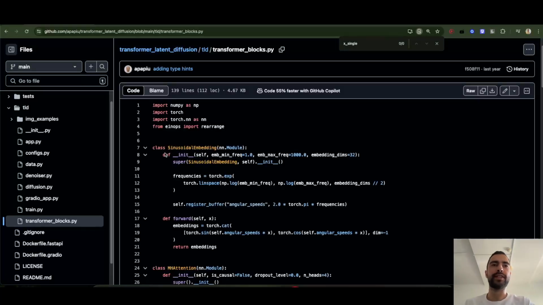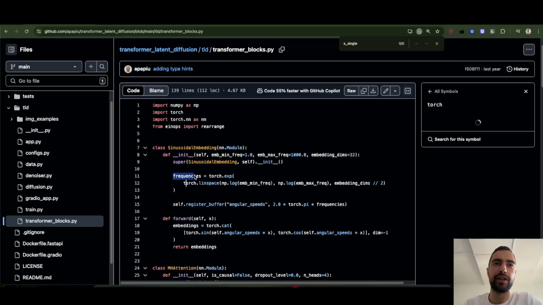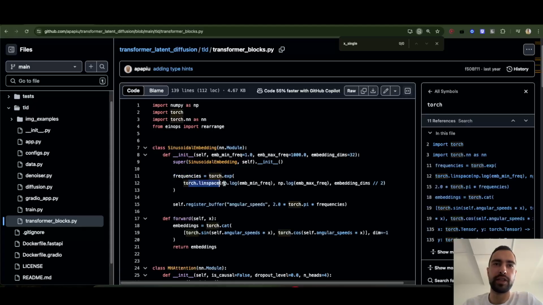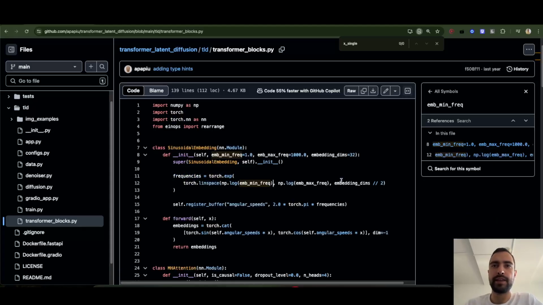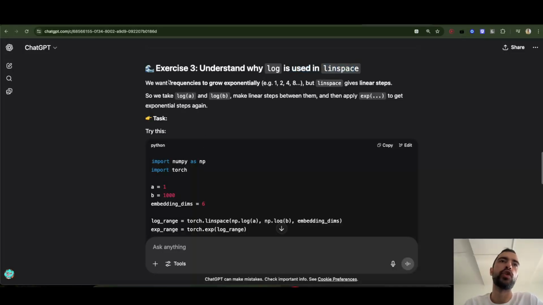Now we are trying to understand this line of code in the sinusoidal embeddings, where it calculates frequencies with torch exp, torch linspace, torch log, and this stuff. So we want frequencies to grow exponentially, for example 1, 2, 4, 8, 16, 32, etc., but linspace gives linear steps.